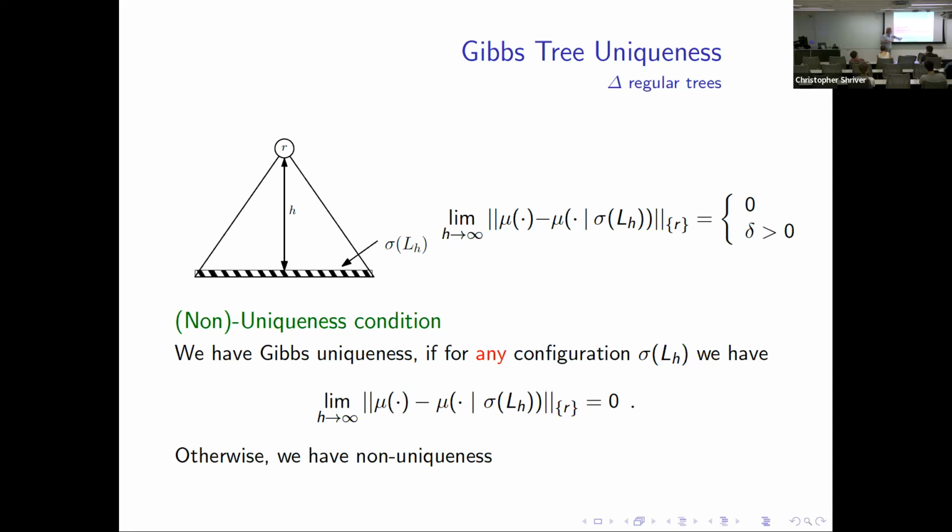Otherwise, we are in non-uniqueness. Non-uniqueness means basically that our distribution has long-range correlations, meaning that configurations at level h, regardless of how large h is, have a non-trivial effect on the distribution at the root.